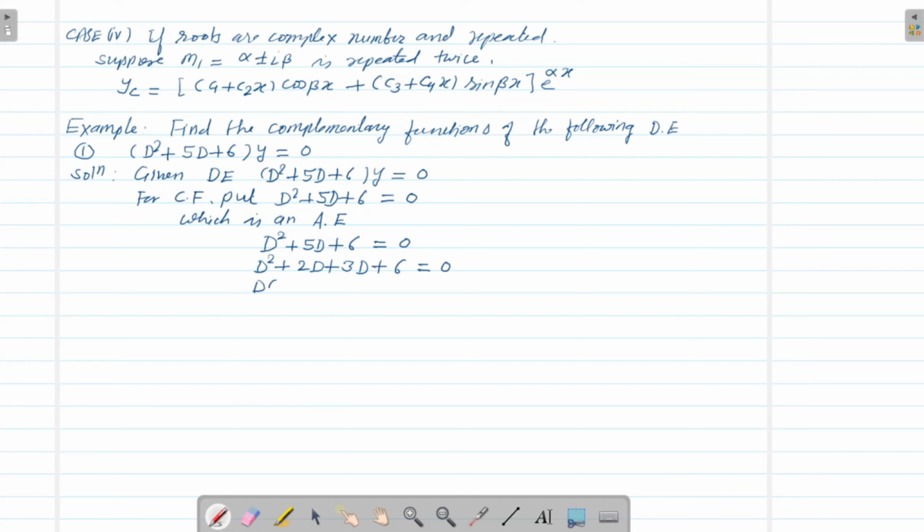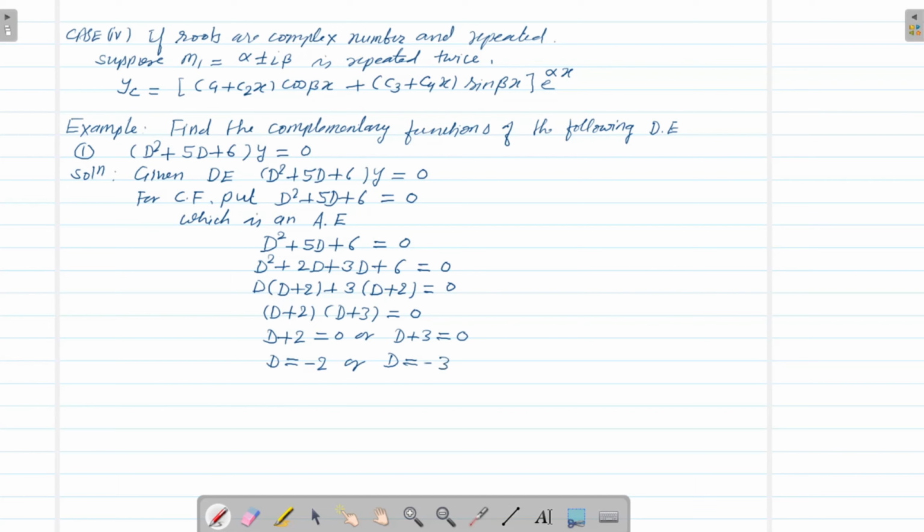We take D as common from the first two, so D plus 2, and 3 is common from the last two, so D plus 2, equal to 0. So this can be written as (D plus 2)(D plus 3) equal to 0. So D plus 2 equal to 0 or D plus 3 equal to 0. So D equal to minus 2, or D equal to minus 3.